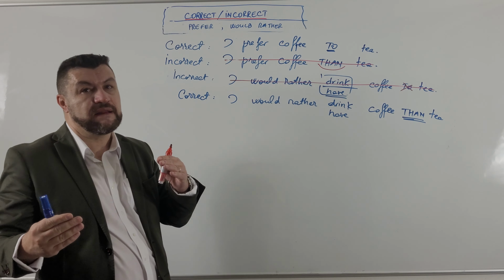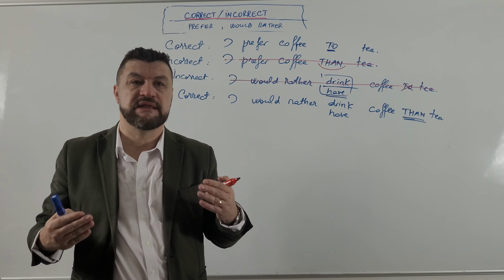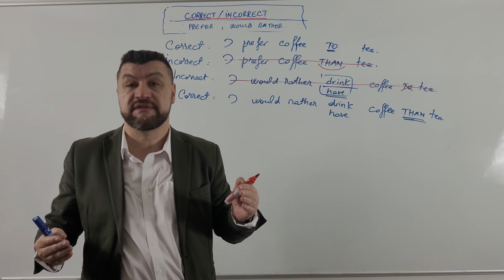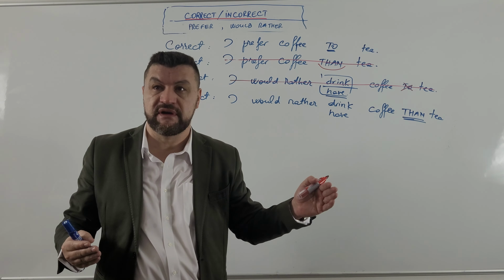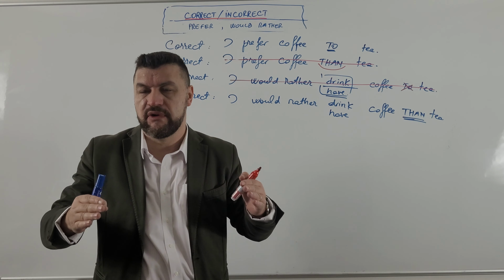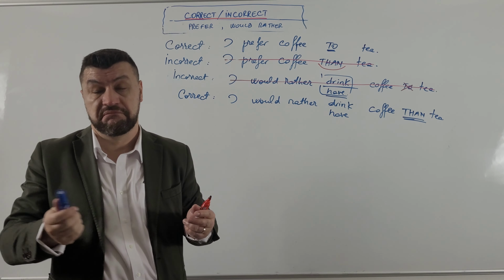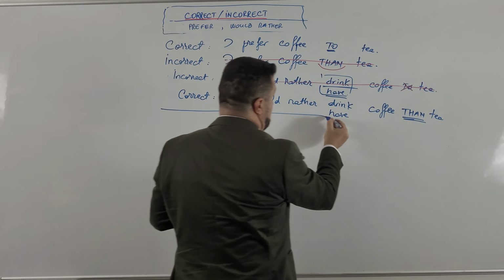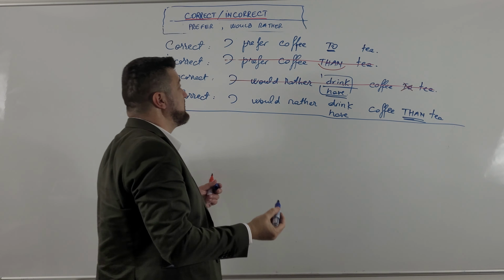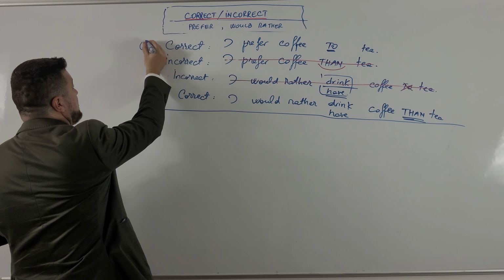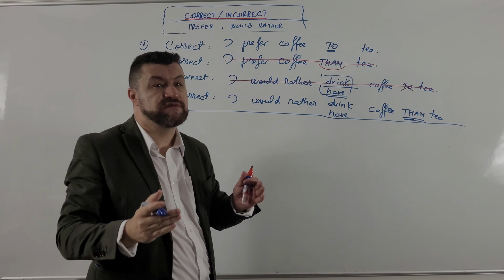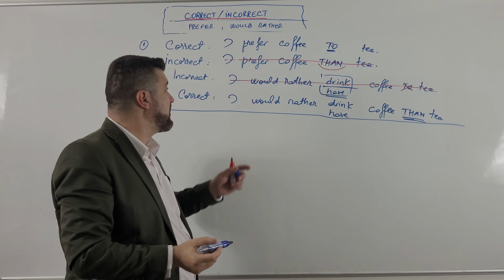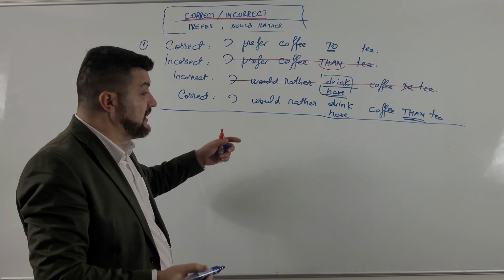Now, another type of mistakes that we make is when we place a verb after prefer and would rather. Would rather must be followed by a verb. Prefer, not necessary. So this was the first situation when we express preference for something or for somebody over another person. Now let's place a verb.